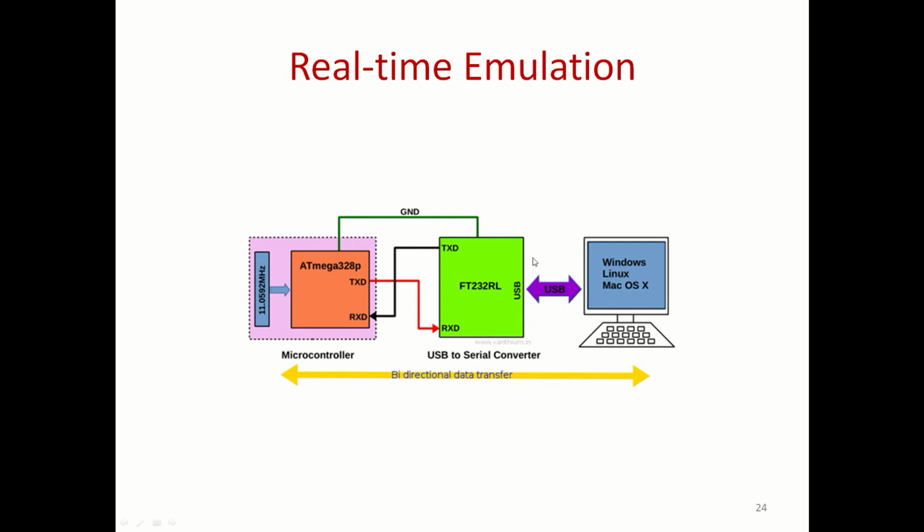But if you do simulation, once again you are making a lot of assumptions. The real hardware, how it will perform, how it will react to the real constraints, any delays, all these things, you have made a lot of assumptions, not real peripherals, and so on.